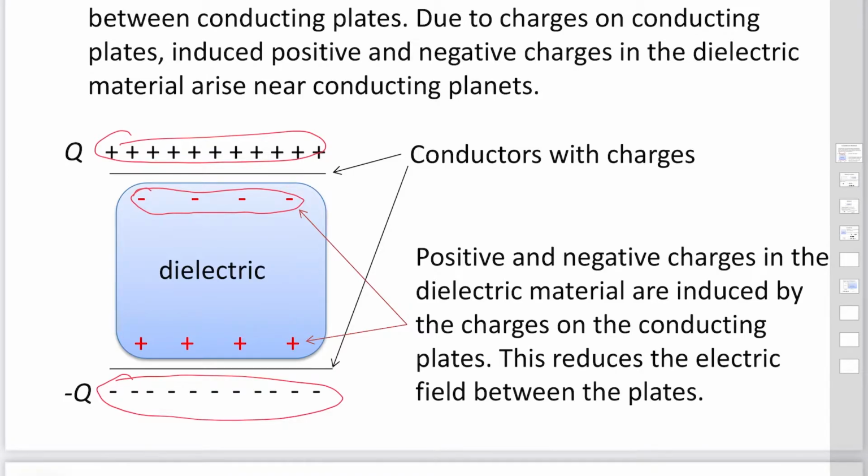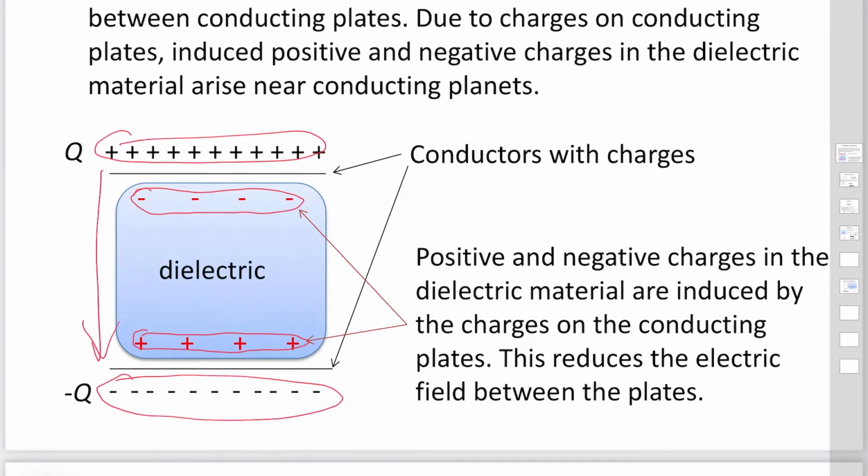On the other hand, positive charge is induced in the lower side of the dielectric. This reduces the electric field between the plates. So between the positive charge and negative charge, we have an electric field from the up to the down.